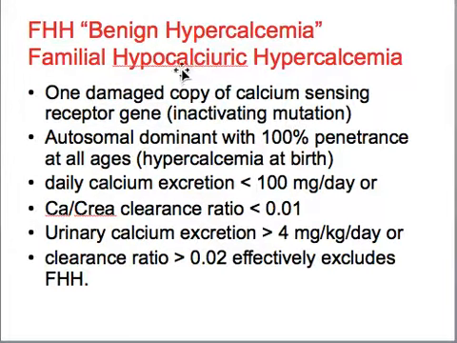So you have very low calcium in the urine. The daily calcium excretion is less than 100 milligrams per day. If the calcium creatinine clearance ratio is less than 0.01, then you can also consider that as FHH. Okay, and this is managed medically. There's no parathyroid adenoma that we can remove in FHH.